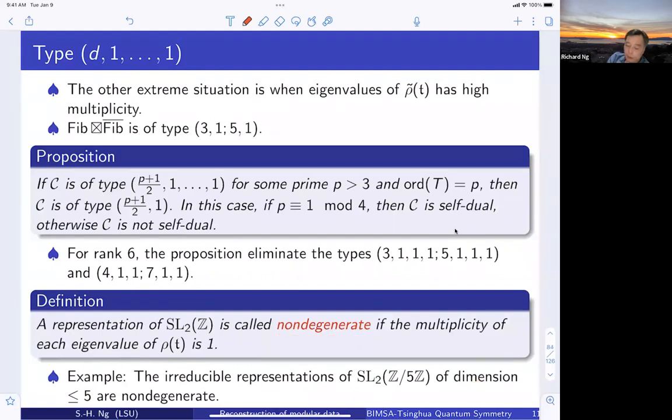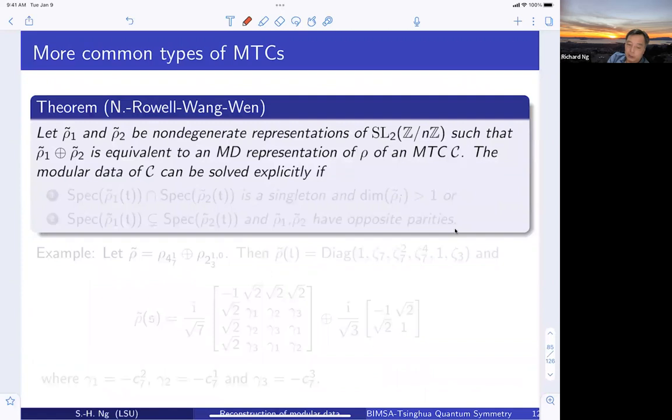So why do I want to do that? Because I want to deal with some reconstruction of the direct sum of two non-degenerate irreducible representations. So I start with two non-degenerate irreducible representations of SL2C mod n, such that the direct sum of these two, well, that's not necessarily irreducible, just non-degenerate, is equivalent to an MTC representation rho for some MTC.